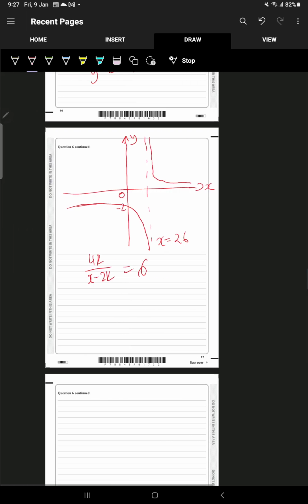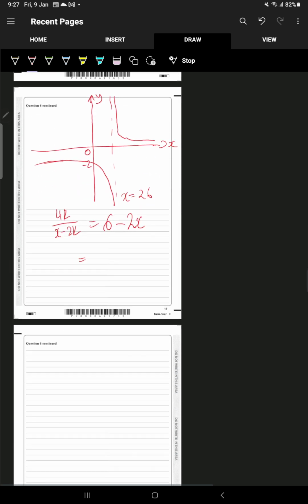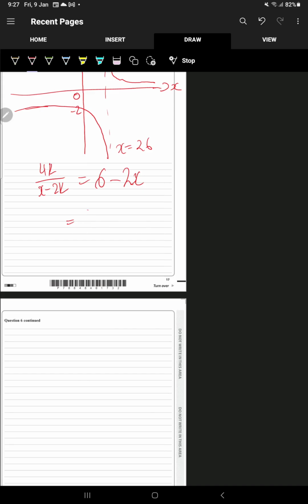You take this to the other side. So 6 minus 2x times x minus 2k is equal to 4k. 6x, and 6 times 2 is going to be minus 12k.